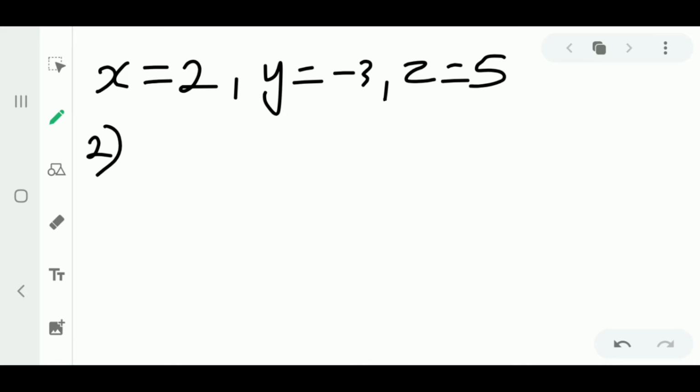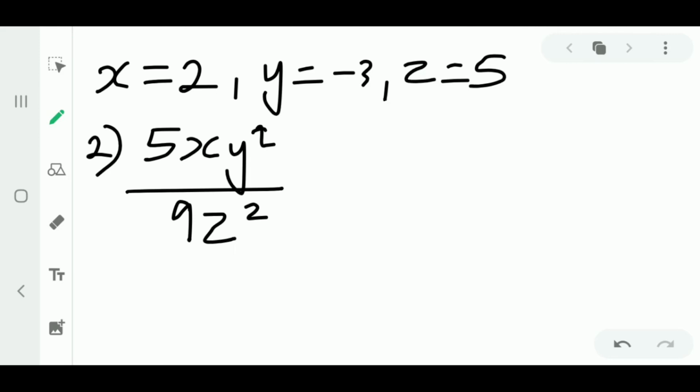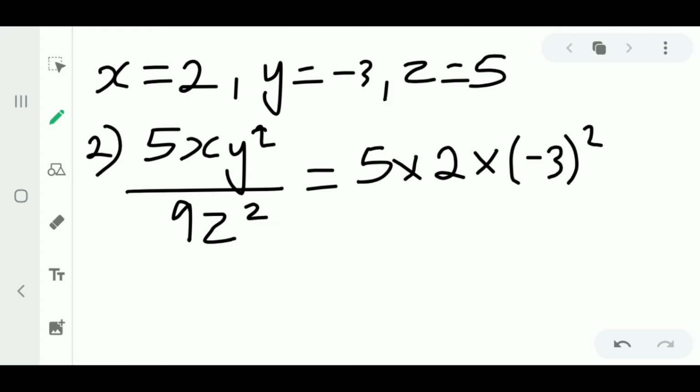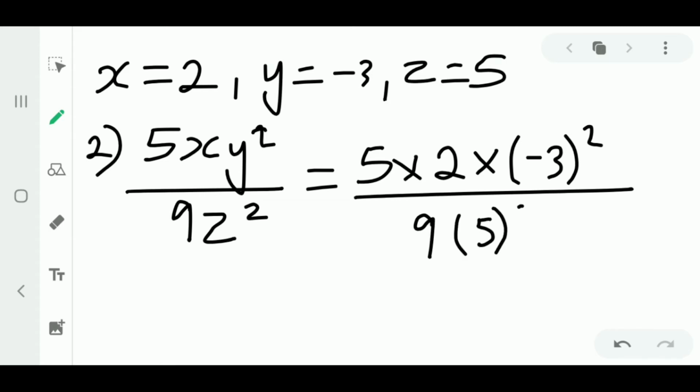Let's try another example. Let's say we have 5xy squared over 9z squared. So it is 5 times x, which is 2, times minus 3 squared over 9 times 5 squared.